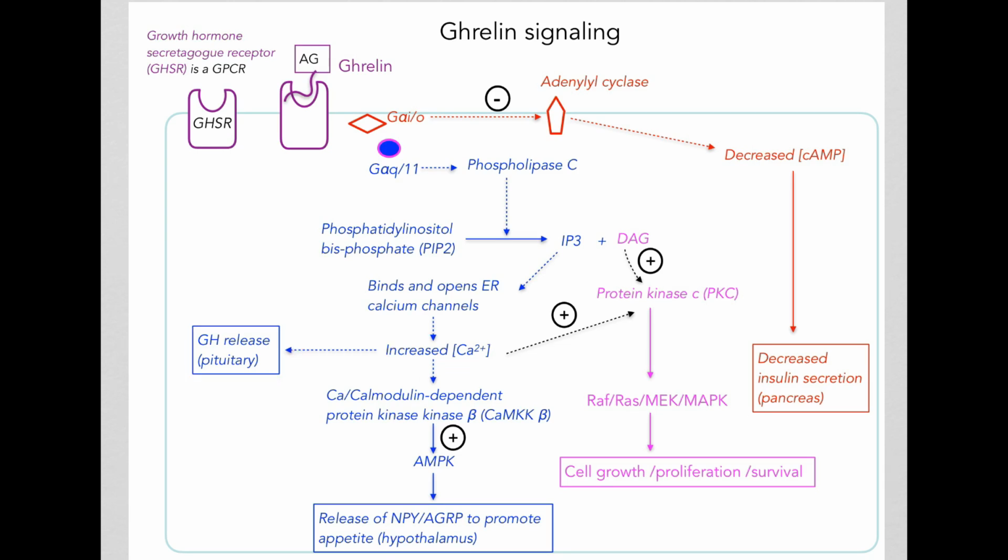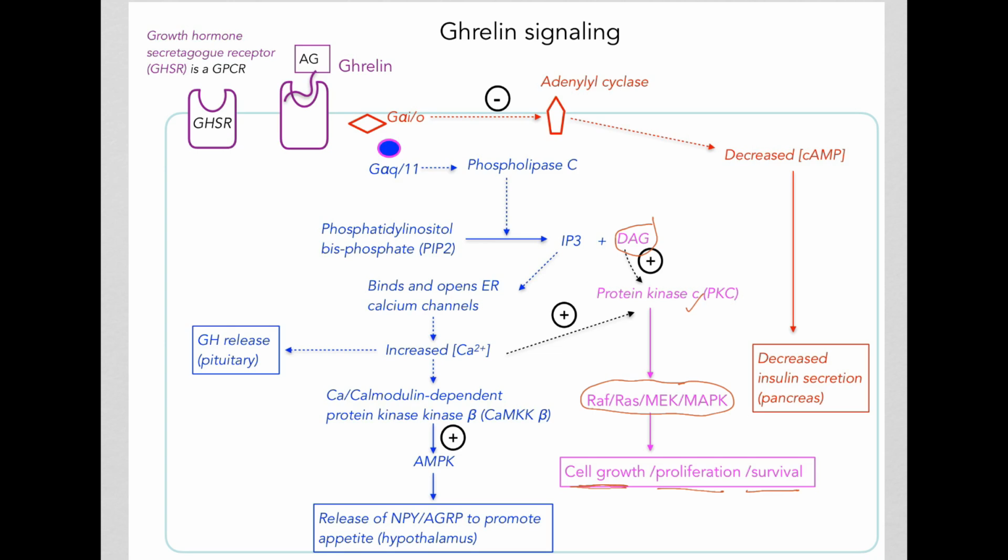Ghrelin also stimulates cell growth as well as proliferation as well as cell survival, and that is partly done by this DAG, which will activate protein kinase C that then goes on to stimulate this signal transduction pathway involving RAF, RAS, MEK, and ERK.